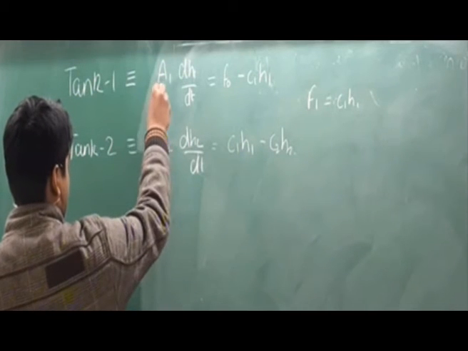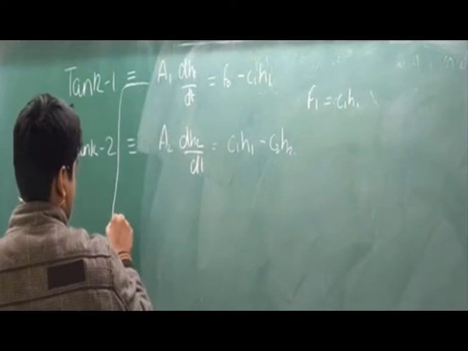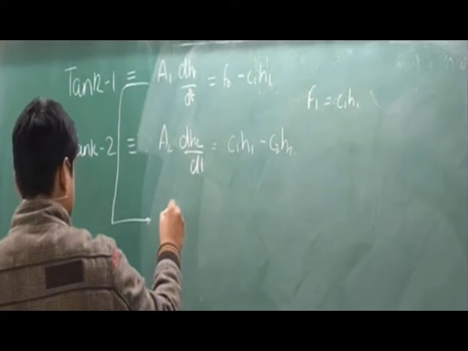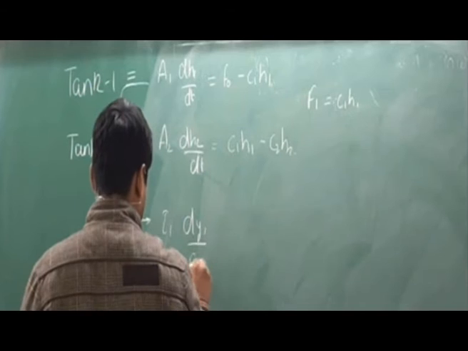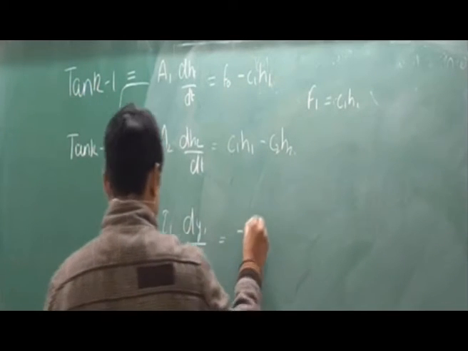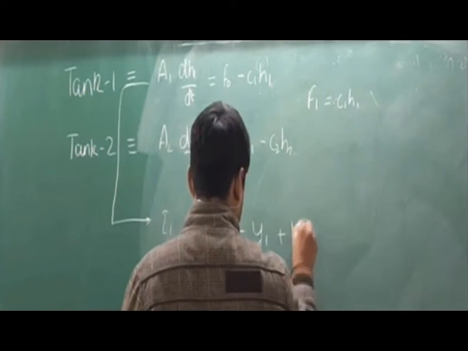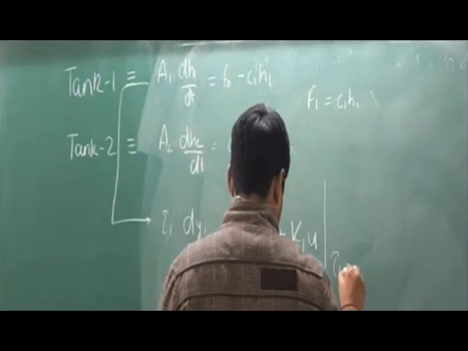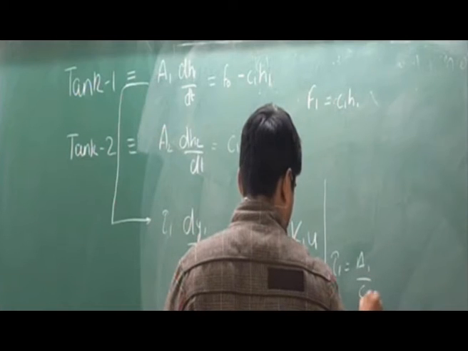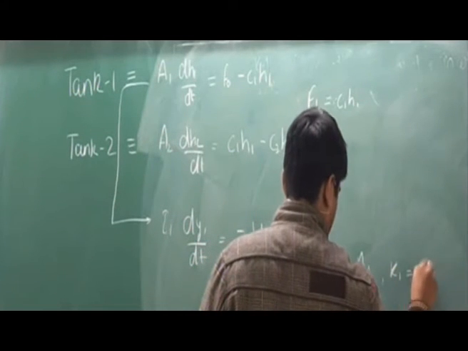So let me write this one first, where tau 1 is equal to A1 over C1 and K1 is 1 over C1.